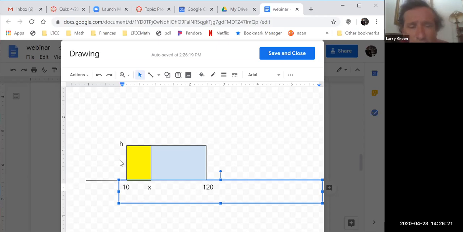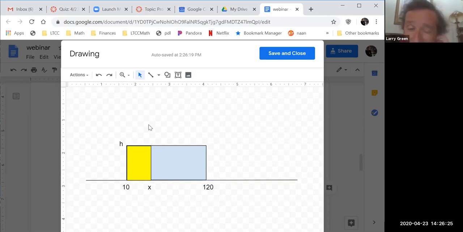What do I know? 25%. What is 25% in the picture? What does that represent for the picture? Yeah, it's yellow, but it's actually the area of the yellow rectangle.